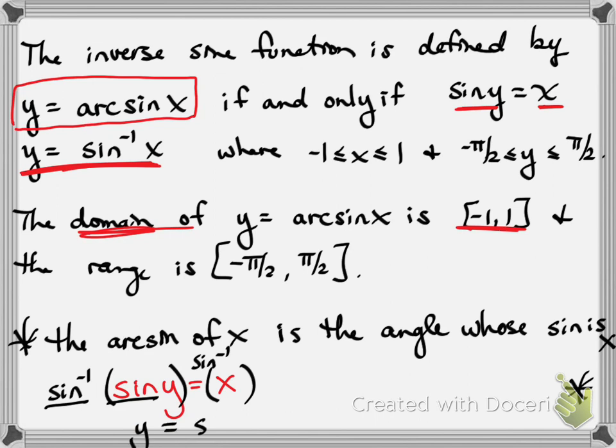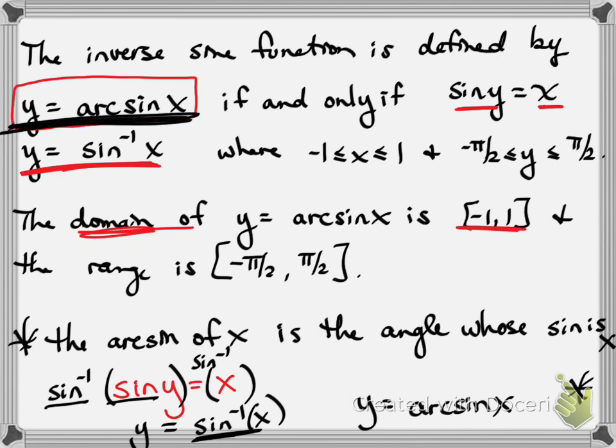And on the right side it is sine inverse of x now. And sine inverse of x is another way to write arcsine of x. So there's y equals the arcsine of x, and this is what we started with. So we're able to go back and forth between those two things. I can do that again for you in class if you ask me about that.